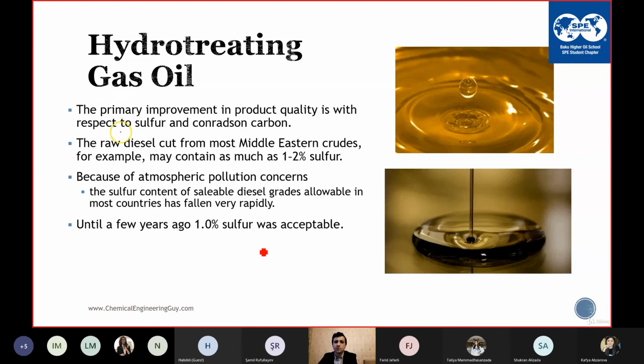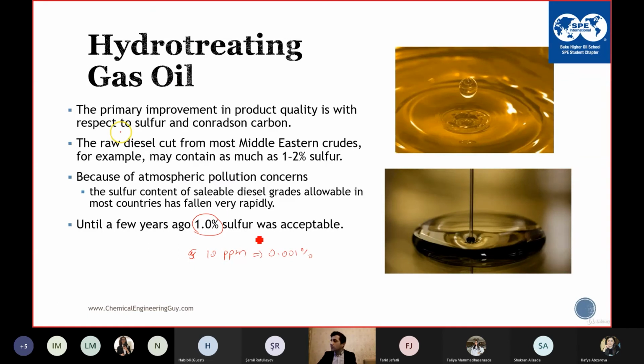Until a few years ago, 1% sulfur was acceptable. But now it is 10 ppm. 10 ppm is 0.001%.